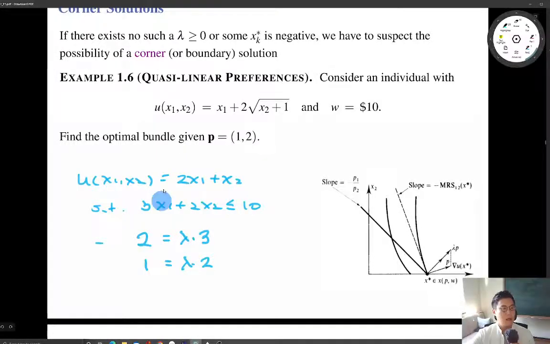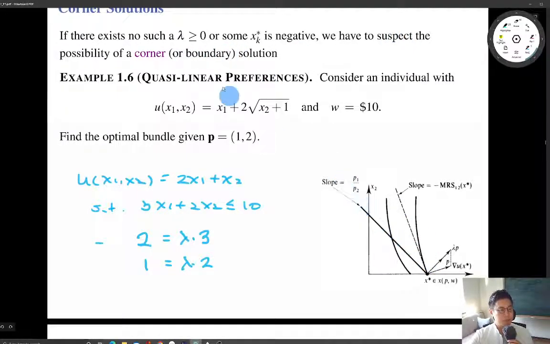In some other cases, we end up with negative demand, right? That does not make any sense. So in that case, we have to suspect the possibility of a corner solution. So we can conclude there's no interior solution because there's no candidate satisfying the Lagrange multiplier condition, so now we have to suspect a corner solution.